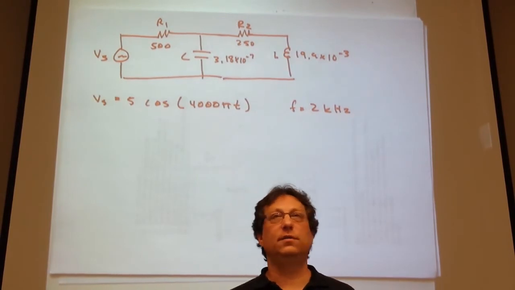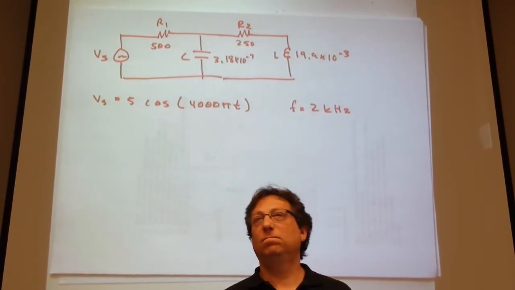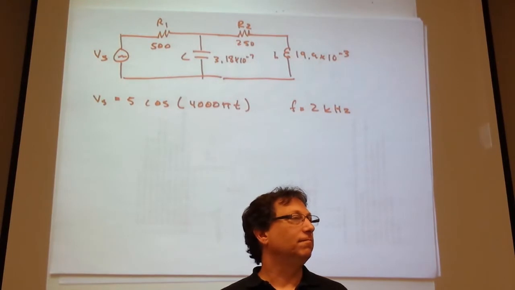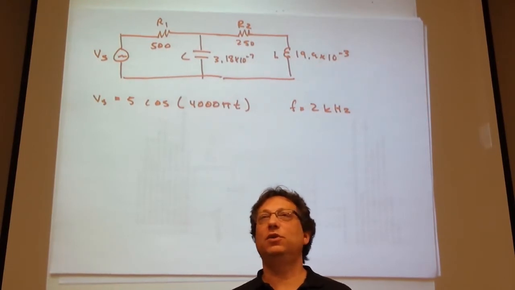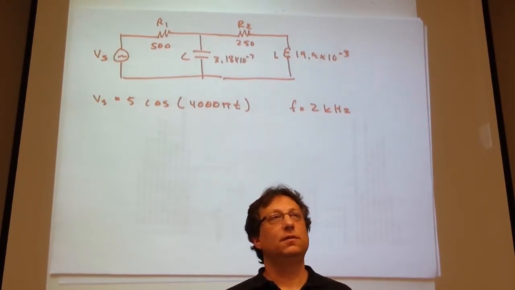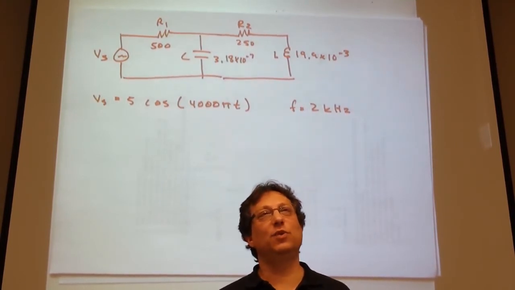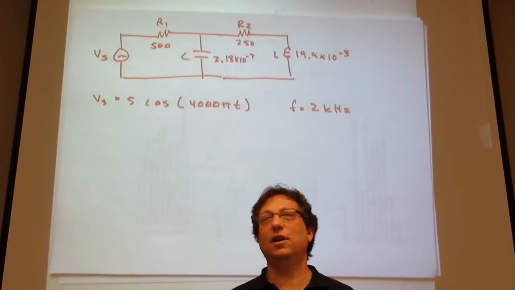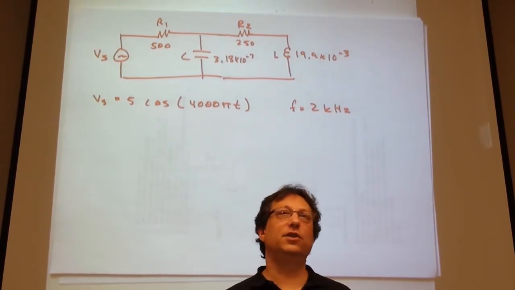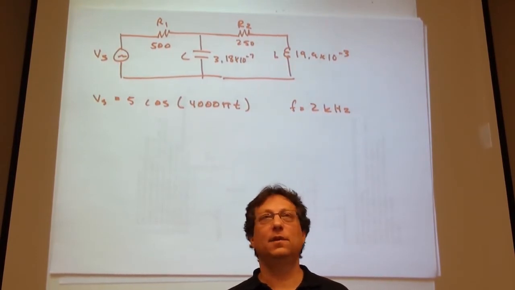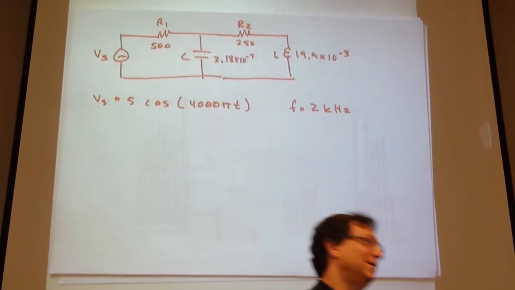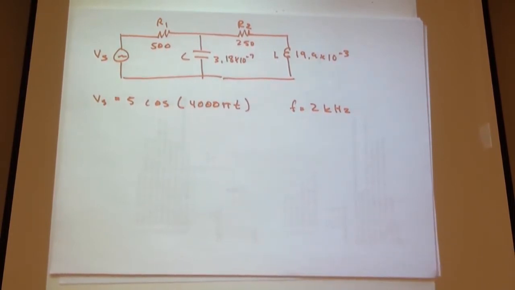What's a good choice? Well, if everything was resistors, 4 resistors in that circuit, how would you find the voltage across that middle leg? What approach would you use?